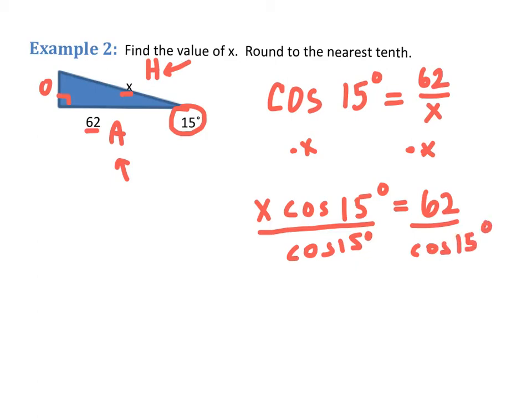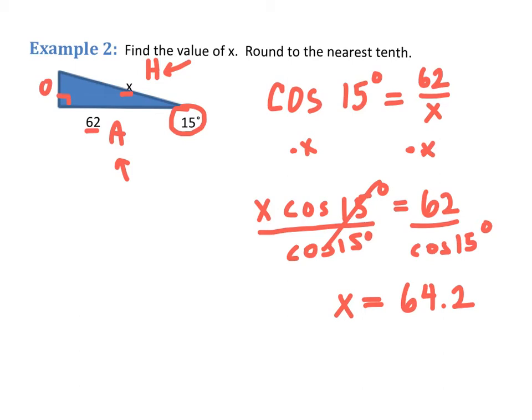So x was times in cosine of 15, we're going to do the inverse operation, so that's going to cancel that out. Now you're left with, just in your calculator, you're going to take x equals 62 divided by the cosine of 15 degrees. And we'll get x is equal to 64.2. And when you type into your calculator, you get 64.187. We'll round these to the nearest tenth. So 0.187 would round up to 0.2.